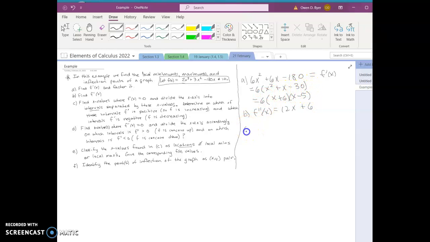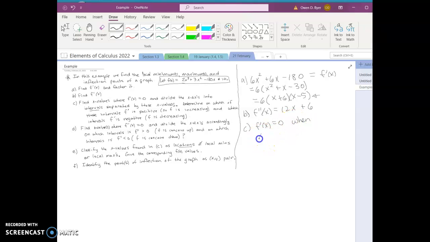Alright, part C says to find the x values where f prime is equal to 0. So that's above, right here. We'll use this in part C, and f prime of x equals 0 when either of those factors are 0.